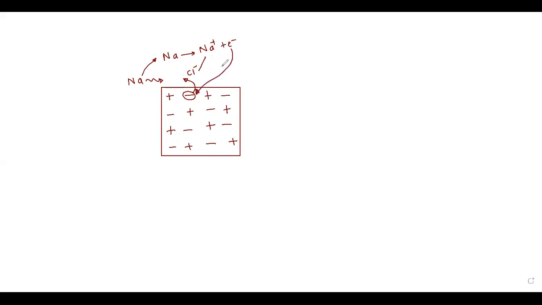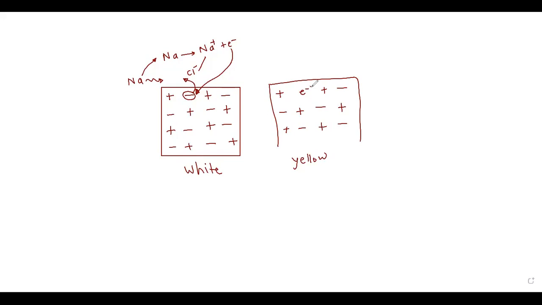So if you ignore all these additional things, what we clearly see is chloride comes out of the system, and an electron gets in place of that. Now the system looks like sodium cation, electron, cation, electron, anion, and the rest of the system stays as it is. Due to this, the whole crystal's color changes from white to yellow. This center is what you call the F center.